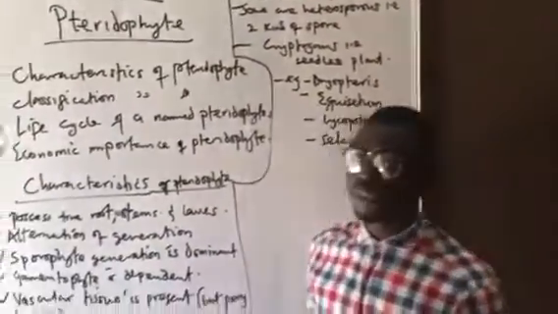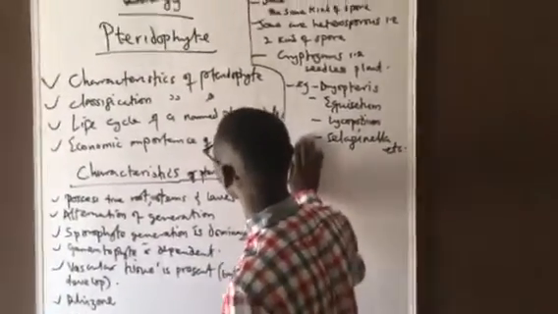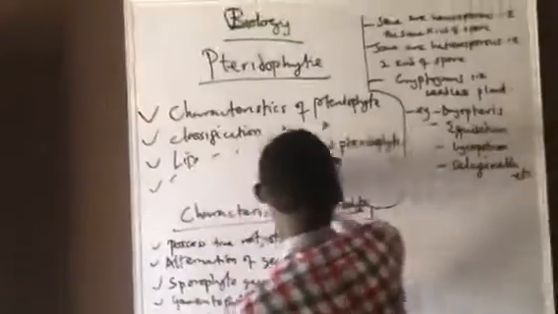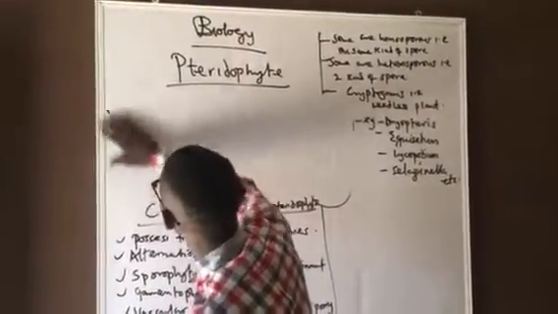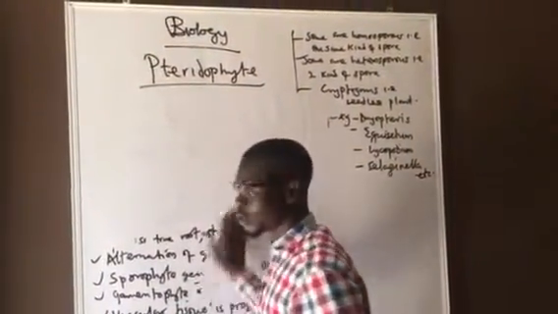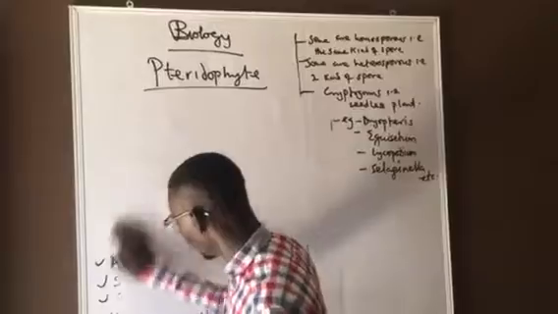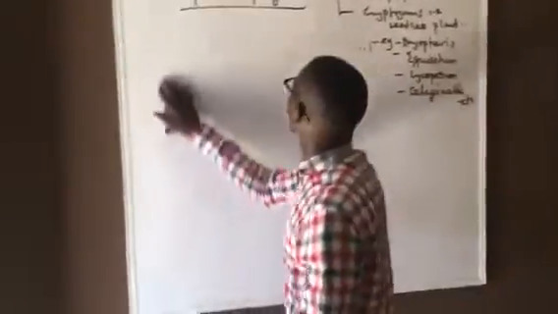So we want to understand the classification of this group. What are the various groups into which we can classify pteridophytes? By now we have understood this group of plants and their characteristics.